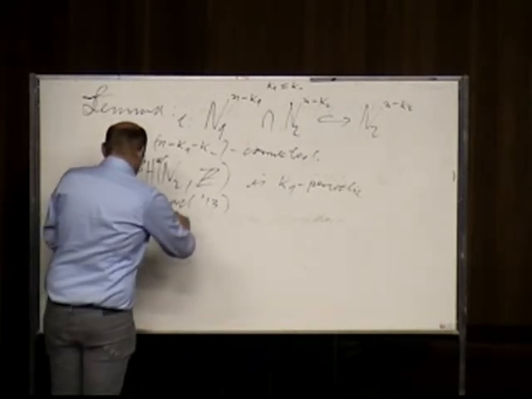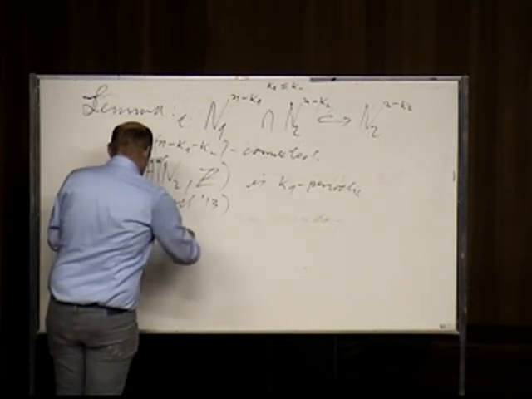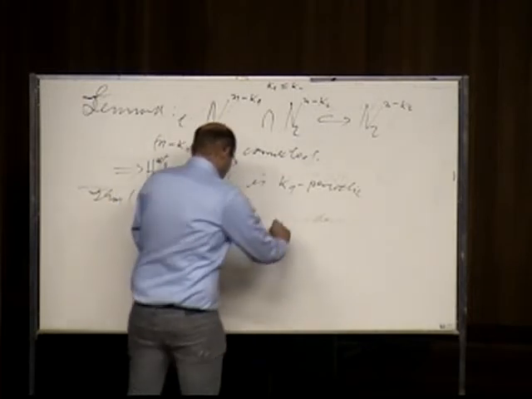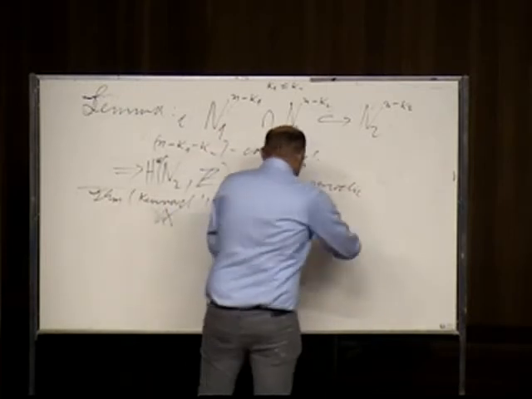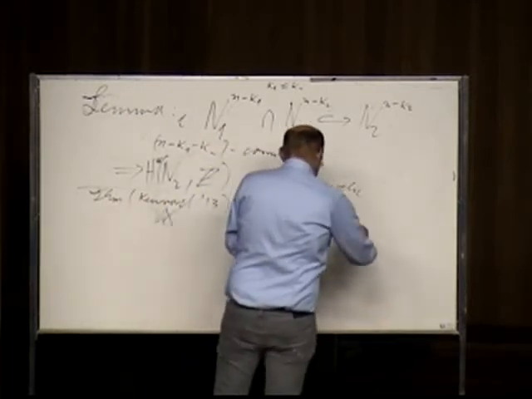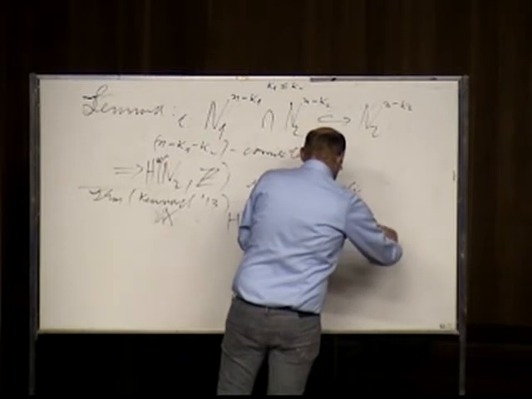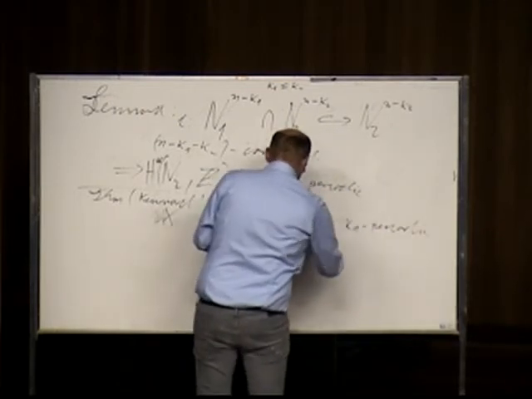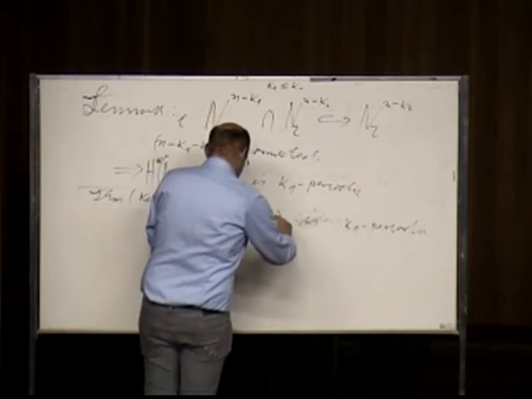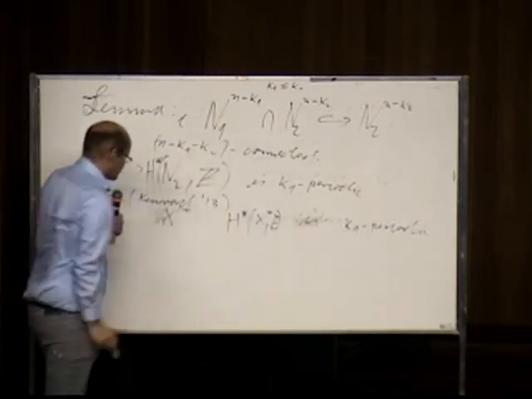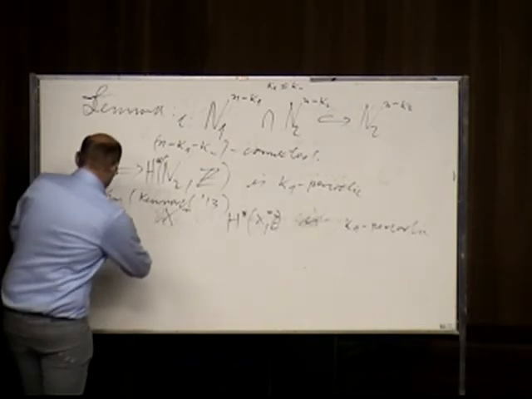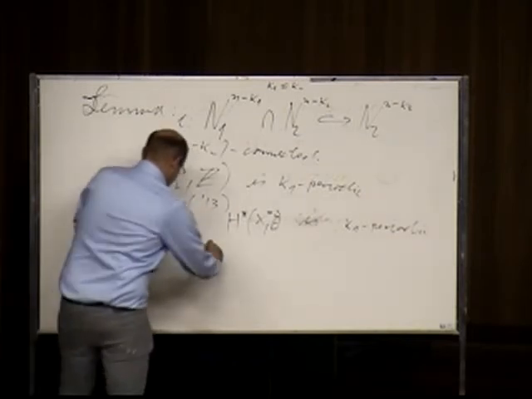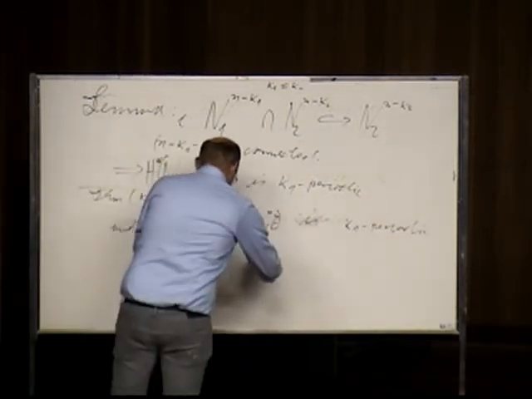If you have a manifold, or just a space, doesn't really matter, and H star of X with Z coefficients is K1 periodic up to dimension n, and 3 times K1 is less than n, then this implies that rationally you are actually 4-periodic.